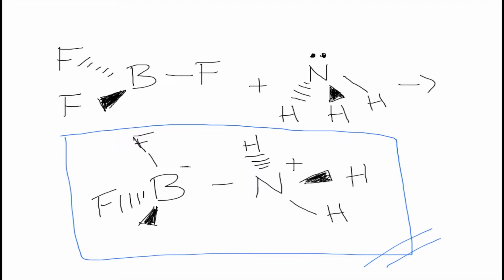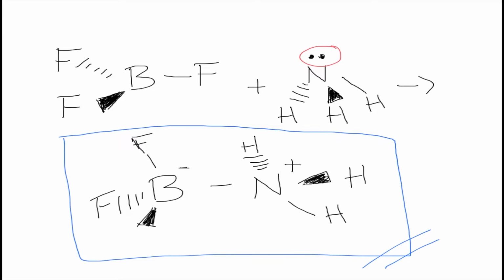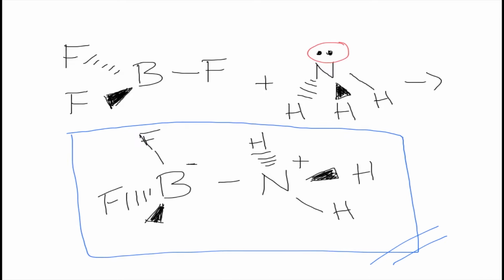So step 1 states that the arrow starts at the lone pair. So in this case, it will be right here. It's important to notice that this is not the only lone pair in this reaction. We have electron pairs in all of these fluorines.